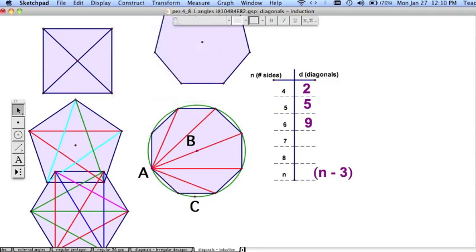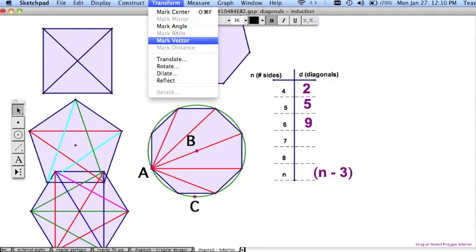Blip. Oh, isn't that beautiful? That was so much fun, I'm going to do it again. A, Alpha, Bravo, Charlie, A, B, C, transformers, mark angle.